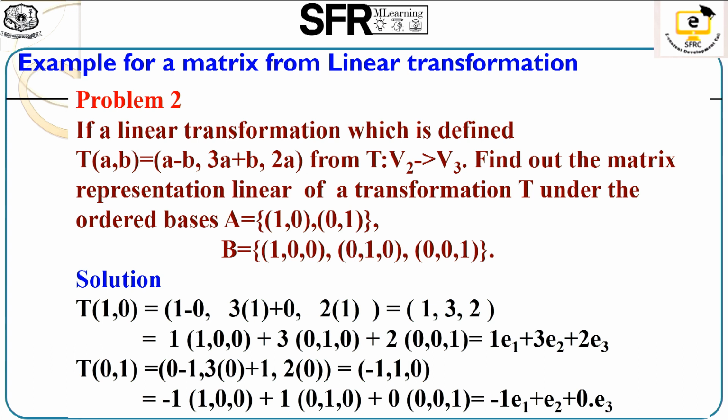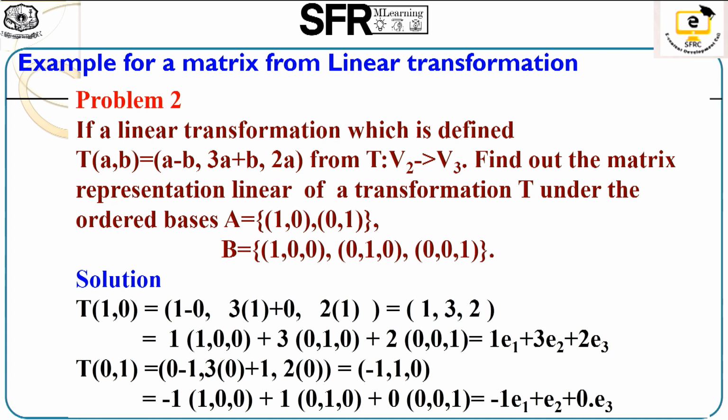So we get the value (1, 3, 2). Again we use the standard basis: 1 into (1, 0, 0), 3 into (0, 1, 0), 2 into (0, 0, 1). Multiplying these values, we get 1 into E1, 3 into E2, and 2 into E3.